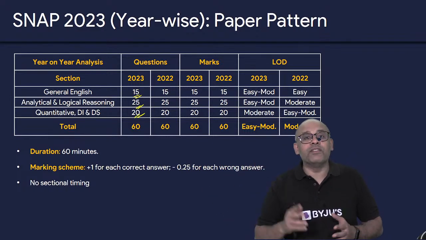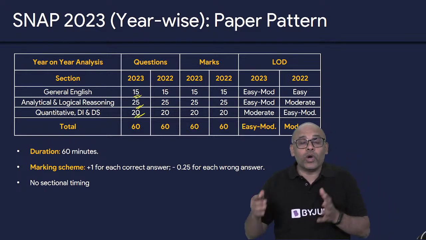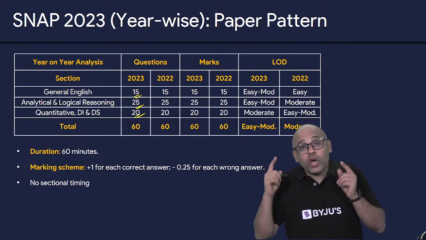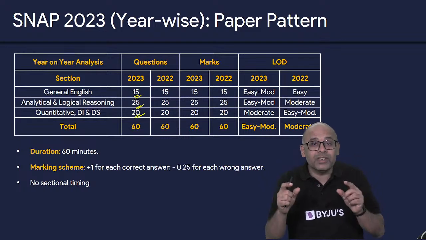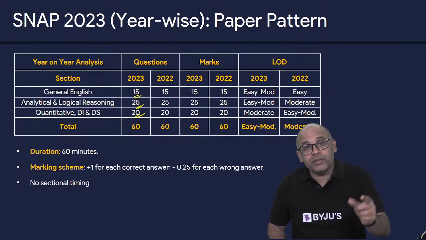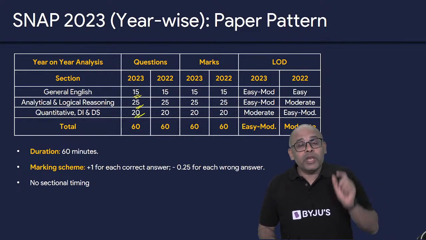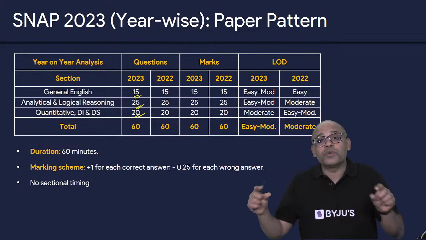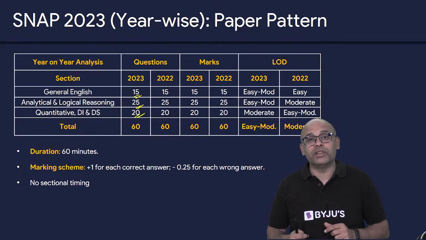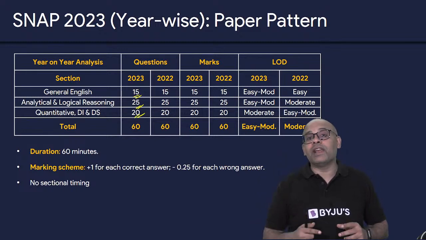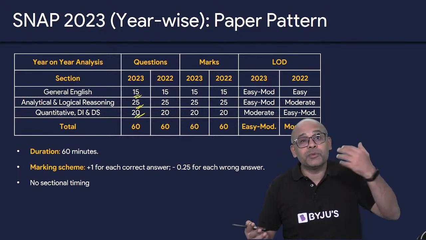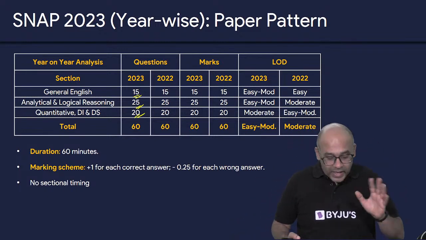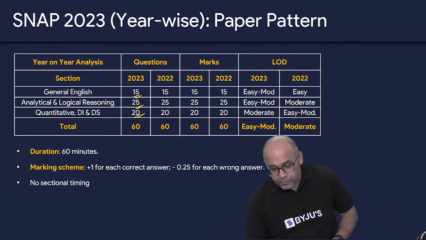We are well within the range because we know what is easy and what is difficult. It is not just a function of the question, it is a function of the question plus the options. Many students don't look at the options, they only look at the difficulty of the question. But if you look at the options, you'll realize that many of the questions, irrespective of the difficulty level, can be solved. Anyway, let's move on.